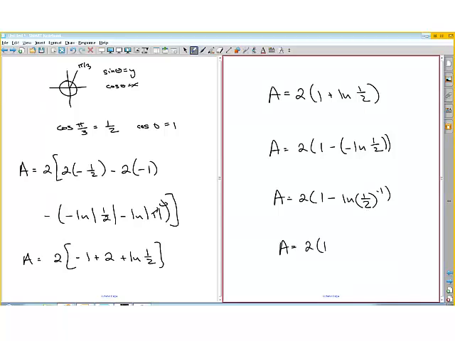And so 1/2 to the negative 1 power is you basically take the reciprocal of that. So that becomes negative the natural log of 2. And if you carry out the calculations in your calculator, you get 0.614 approximately.